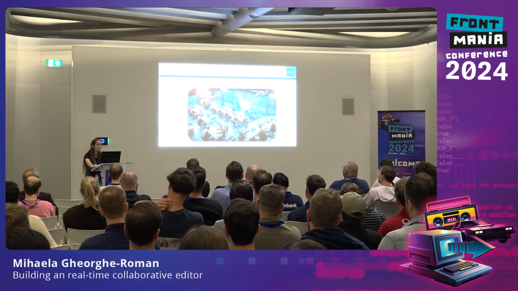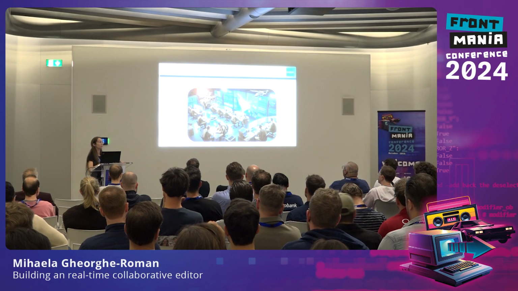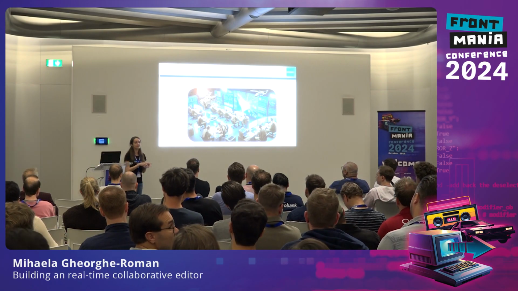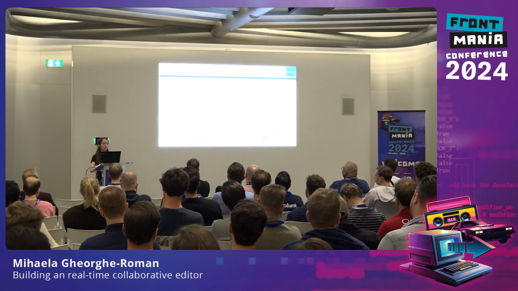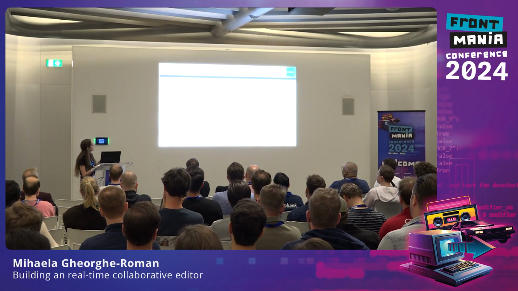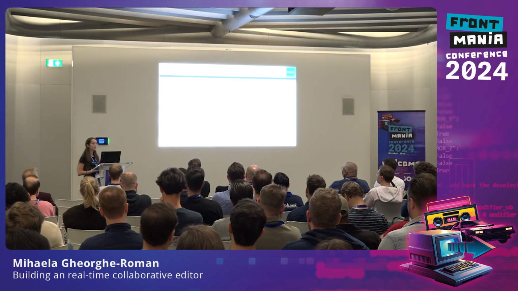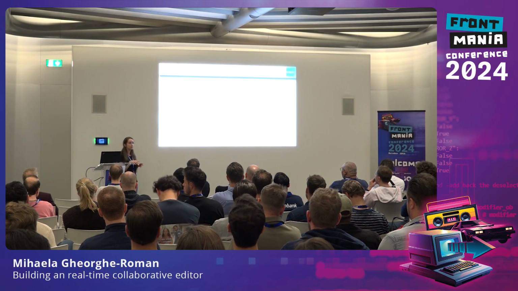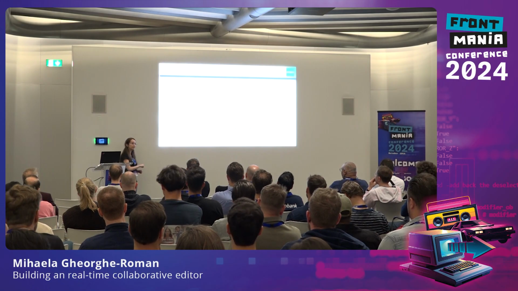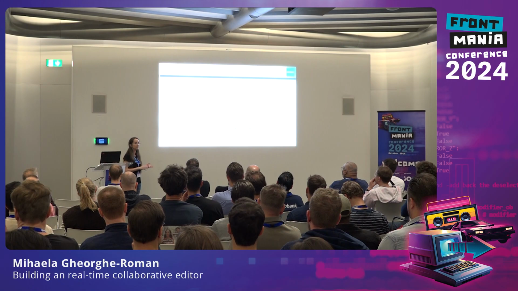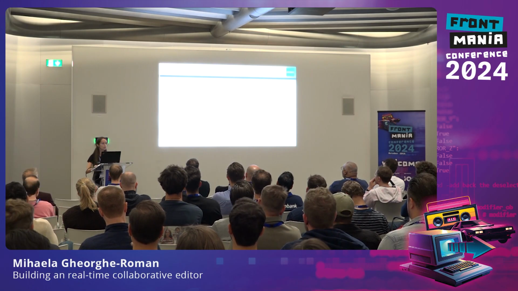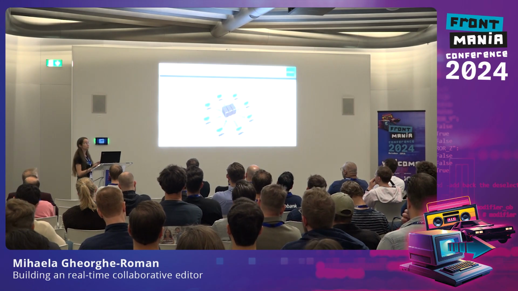To have some sort of a definition, I would say that it involves users from multiple places that work together on the same document at the same time. But there's more. It means that we also have a local copy of the document for each user, so something that each user can access on their own local browser, can make changes, but at the end, those changes should be sent to all the others.